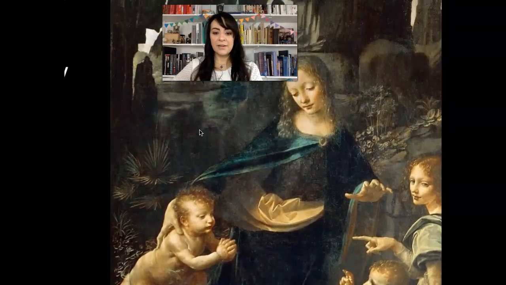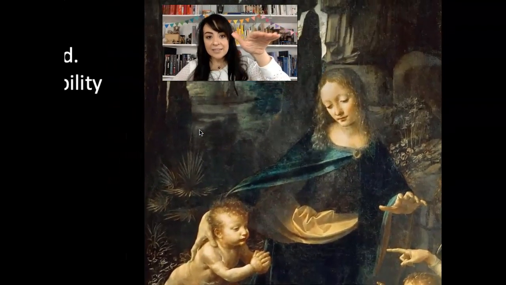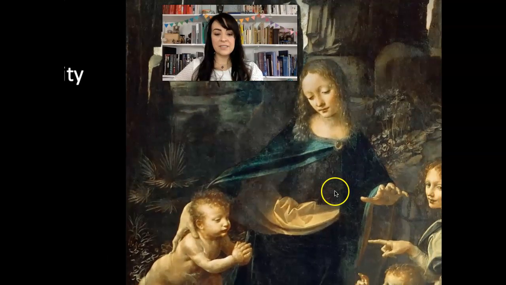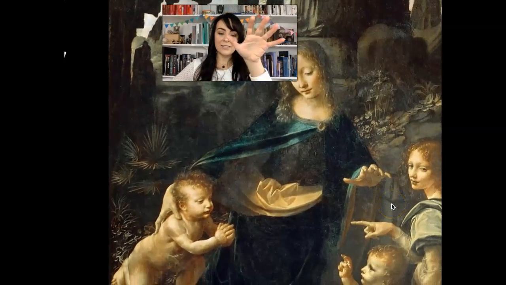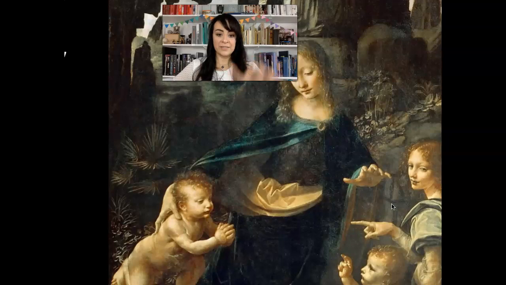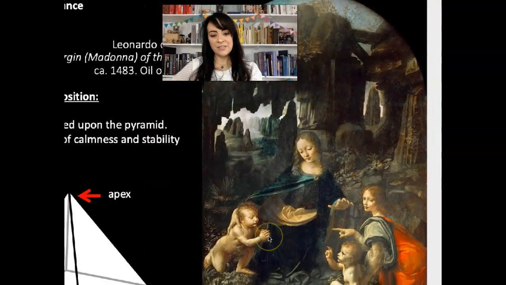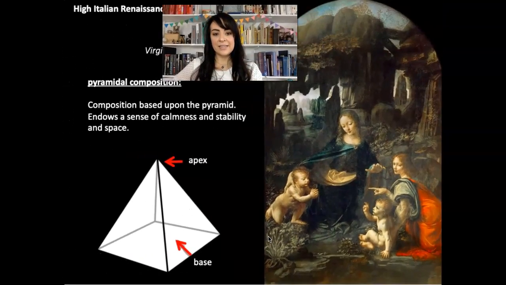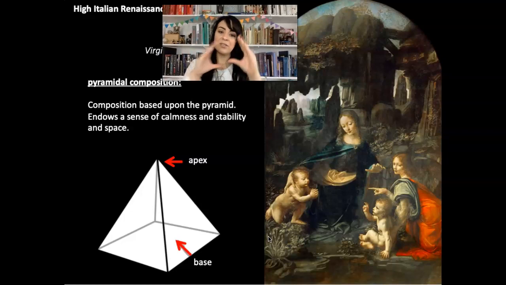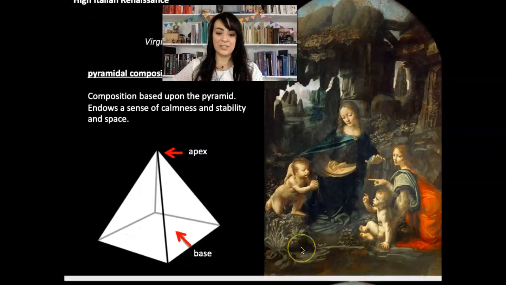And then Mary, her hand placed over Jesus, also acts as a gesture of protection or reverence. So we have these figures, and our eye is nestled into this moment of blessing and reverence and protection using the pyramidal composition.